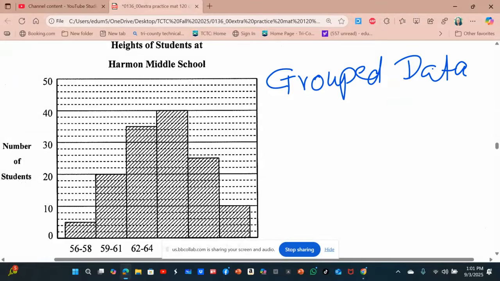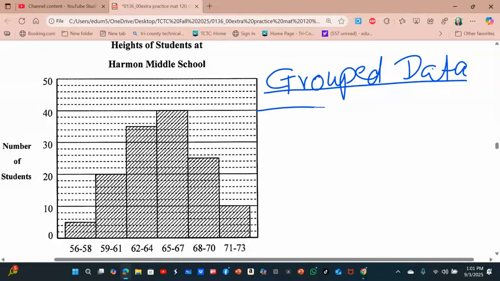So the first thing we want to do is read the given histogram and find the classes, and we go from there. We want to find the classes and the class midpoint. So we start.